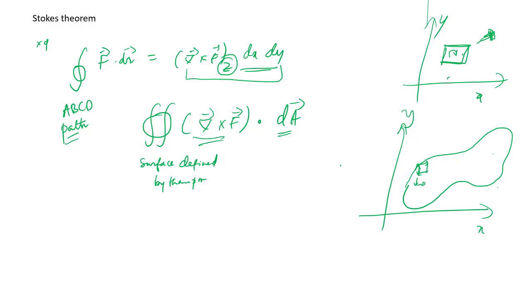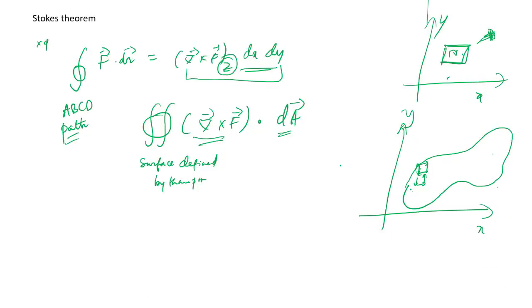Just like how we divided the volume into cubes, we can divide this into tiny loops and sum those loops up. So what we are saying is, if you want to get this f dot dr for the path for the entire surface, then essentially you're doing this curl f dot dA for each of these surfaces and then adding them up over the surface.